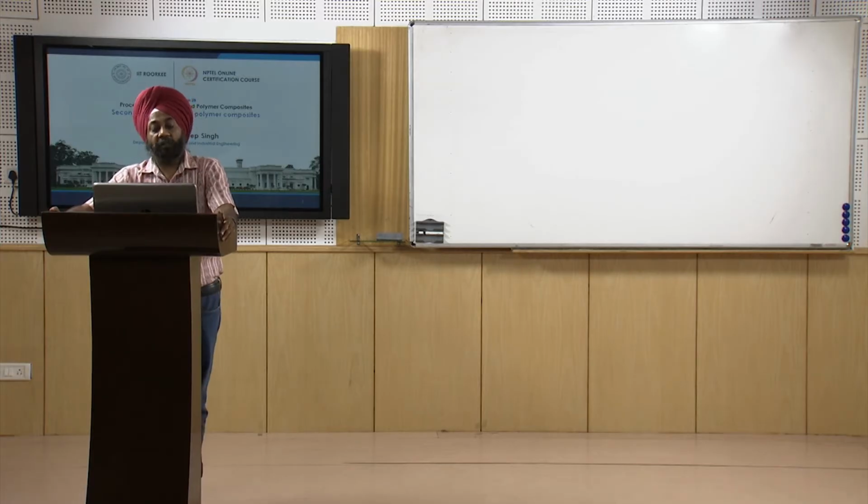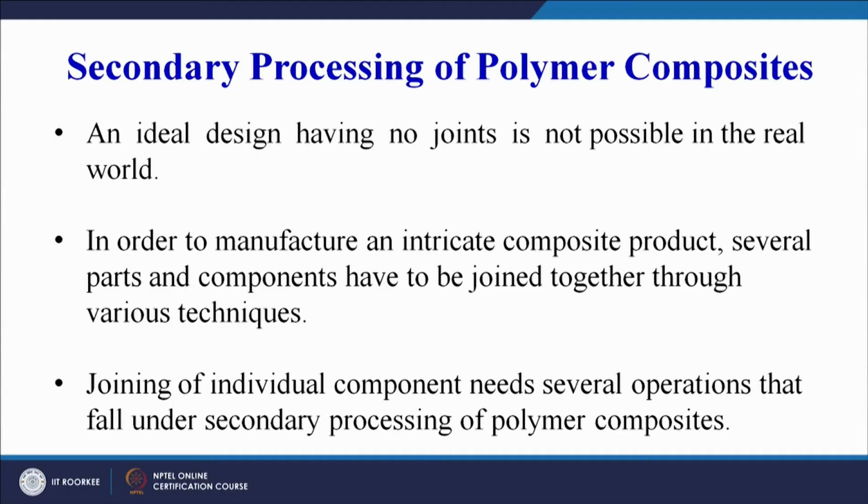Joining of individual components needs several operations that fall under the secondary processing of polymer composite. So secondary processing primarily will deal with the joining operations only, and within joining we will see what are the additional operations we have to carry out in order to ensure a good quality joint between the two mating surfaces or between the two mating composite parts.